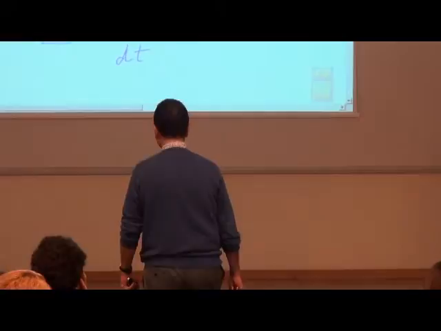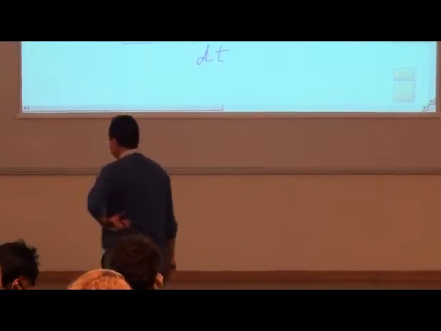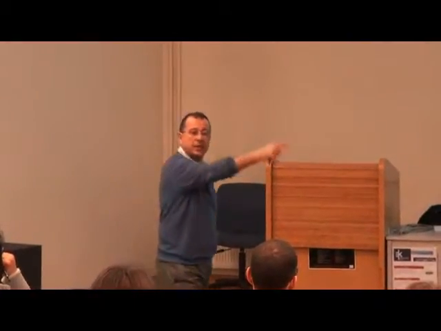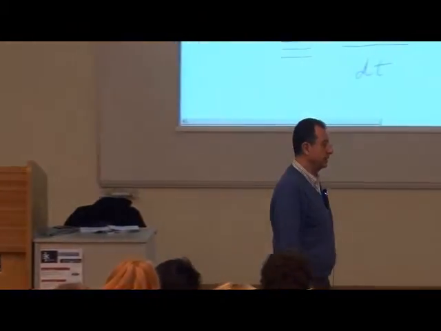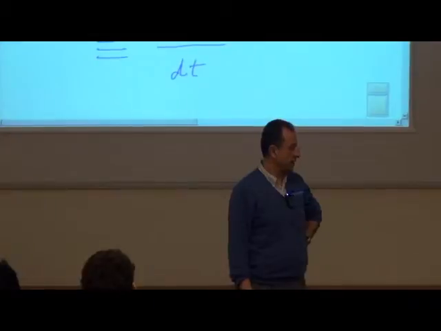Okay. Now, dt is in the limit going to 0. We are imagining that it really at the end becomes 0. How come I am going to divide by 0 and get a result?